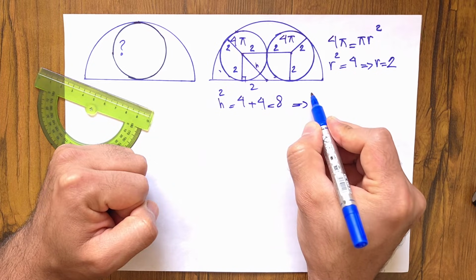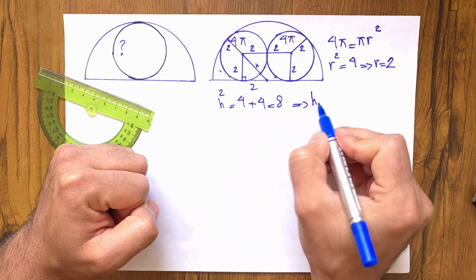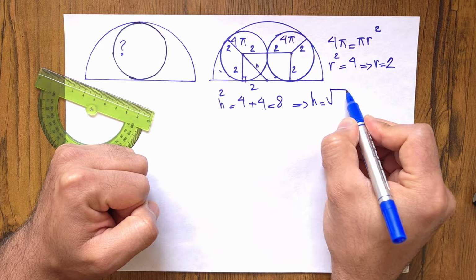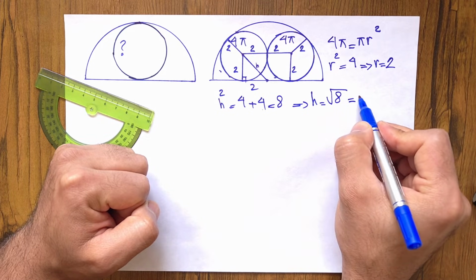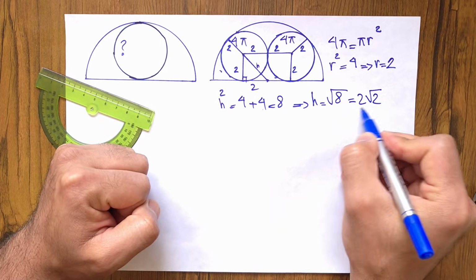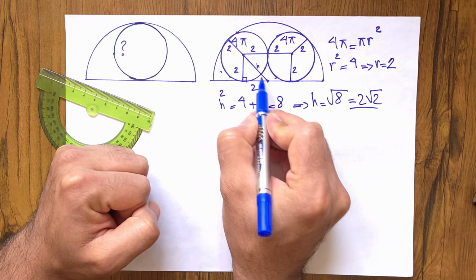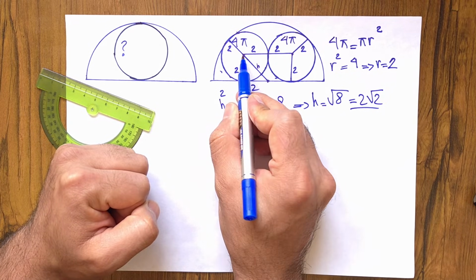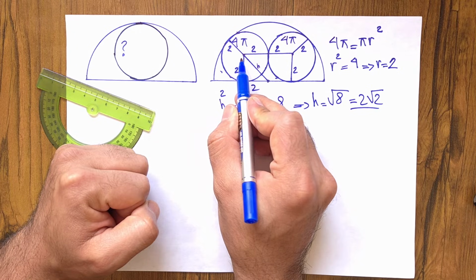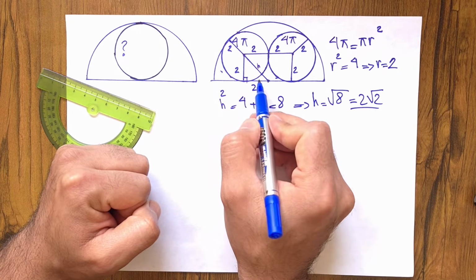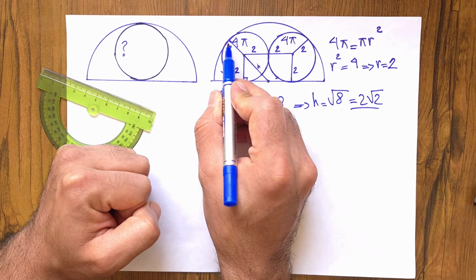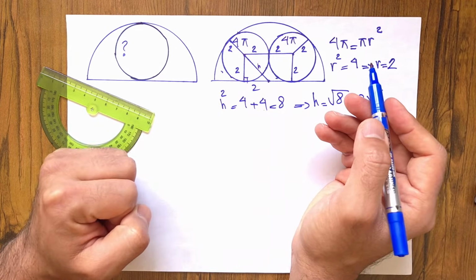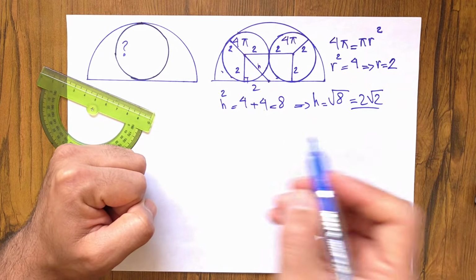In other words, the hypotenuse h equals root 8, or root of 4 times 2, which is 2 root 2. So this little segment here, from the center of the semicircle to the center of this circle inscribed inside, is 2 square root of 2. If we add it to the radius of this smaller circle, it gives us the radius of the semicircle.